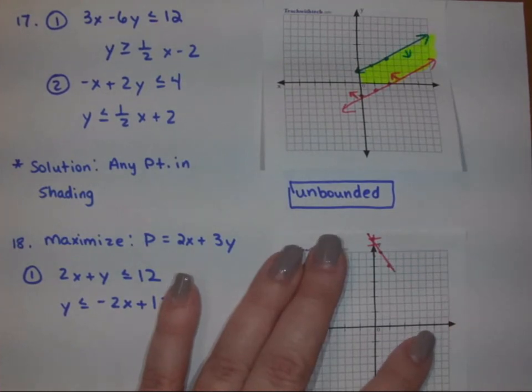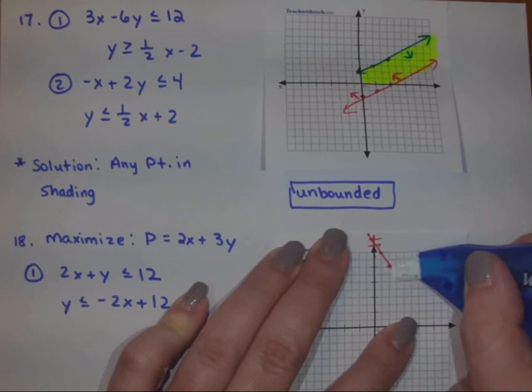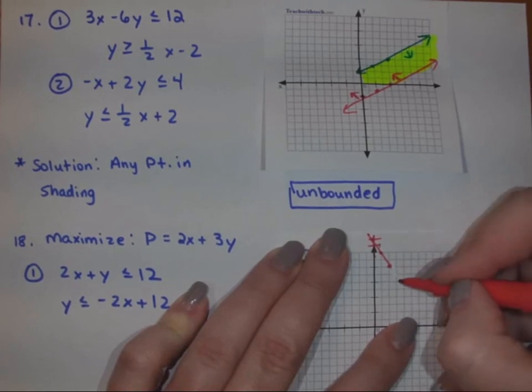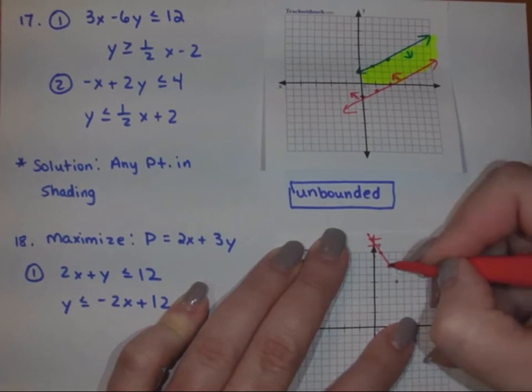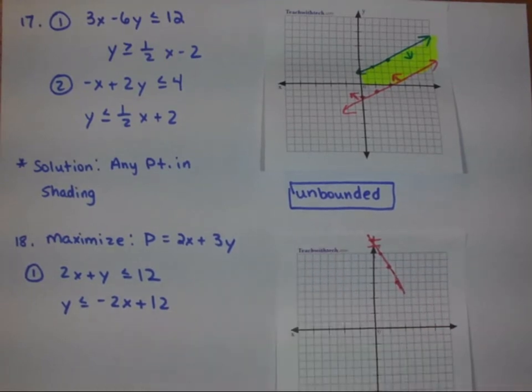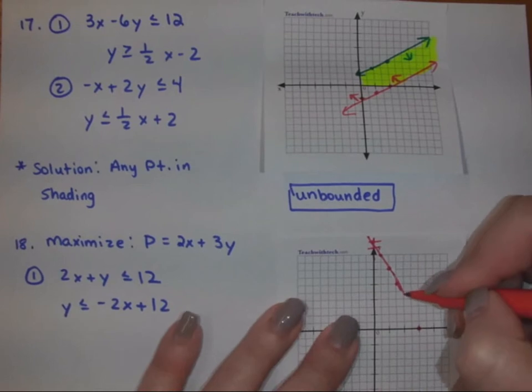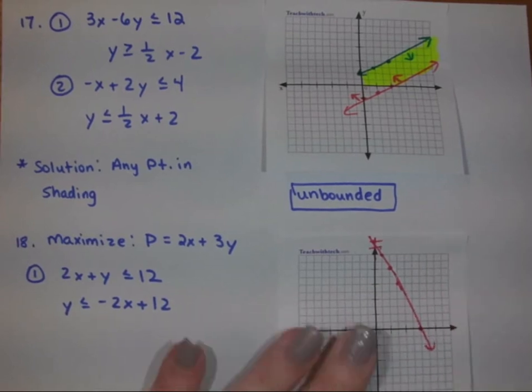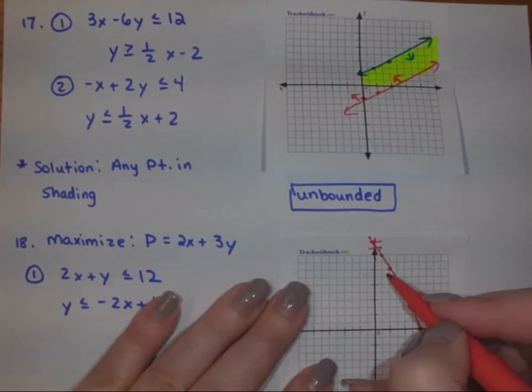I need to make that a little steeper because it needs to go here. So anyway, I think you kind of see the point. It's going to need to cross the x-axis at 6. So I had to fix it there. And then we would be shading under.